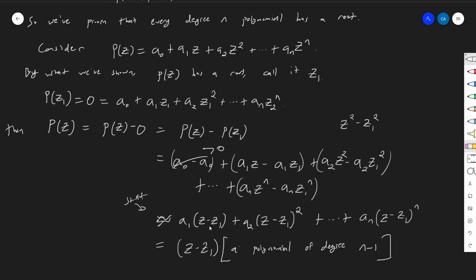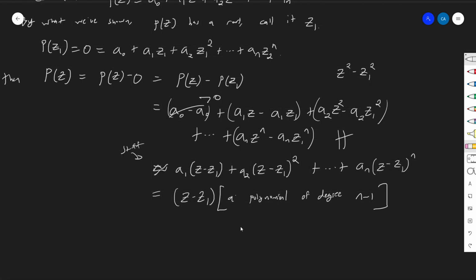That's the punchline: the constant ones cancel out, and then you get other stuff. It doesn't directly go to this, but you can still factor it out at the end because the constants have factored out, and you get z minus z1 times another polynomial, but it's a new polynomial, and it's of degree n minus 1, and then you apply it again.